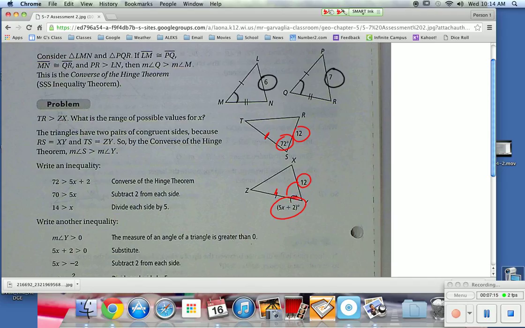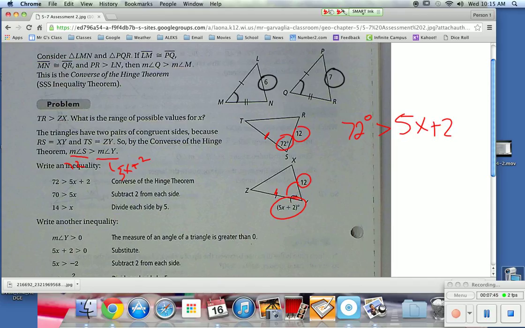It says the measurement of angle S is greater than the measurement of angle Y. So we set it up: 72 degrees is greater than angle Y, which is 5x plus 2.